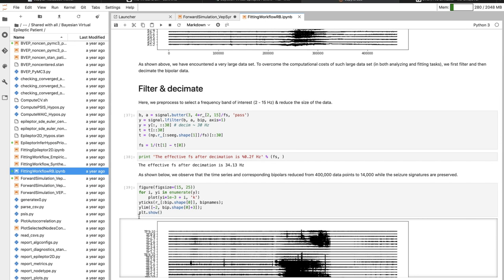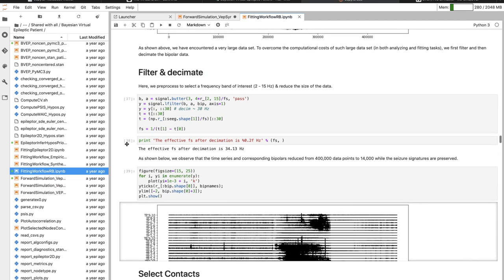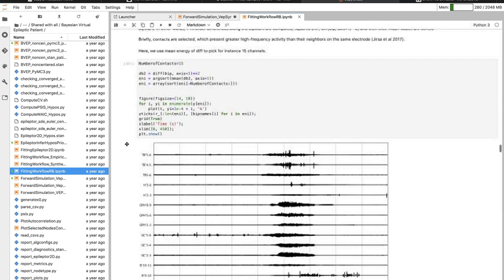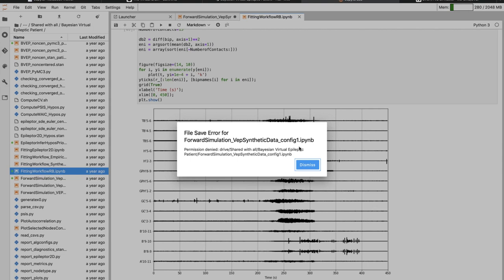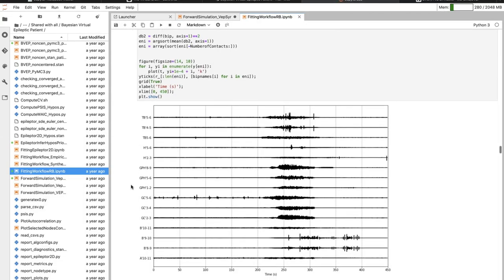We filter them to study the frequency of interest and decimate the data to have less weight. We select the contacts of interest, because what we want is not to infer the whole brain, but to infer using the electrodes where we see epileptic activity.